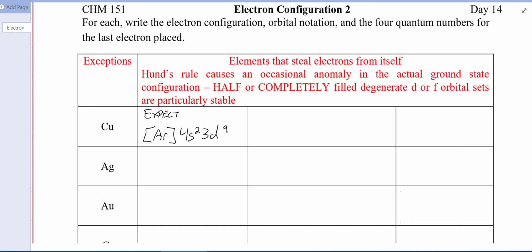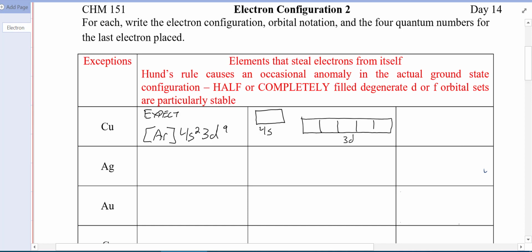Because we have 4s2 and 3d. 4s2 has up, down, and 3d has 1, 2, 3, 4, 5, 6, 7, 8, 9. Now, what happens here is that there's a spot in a lower energy level. Even though it doesn't fill first, it's still a lower energy level.